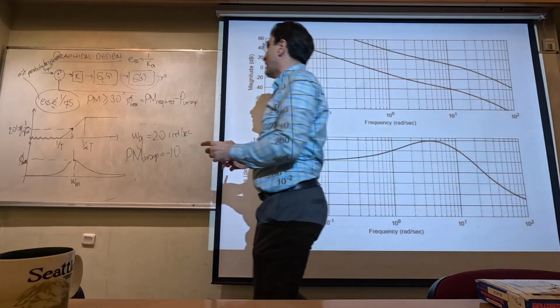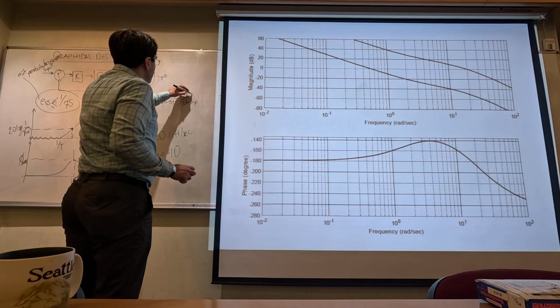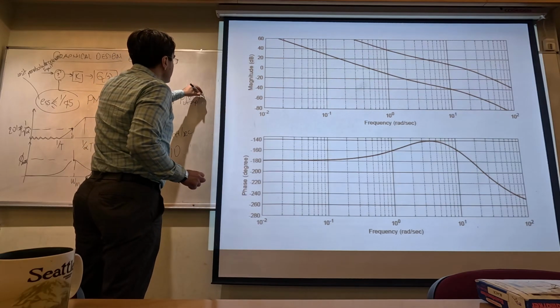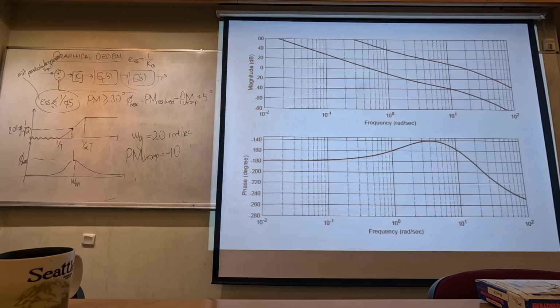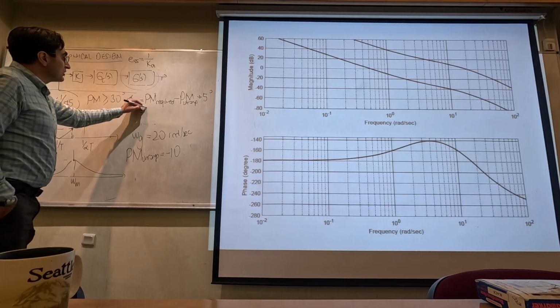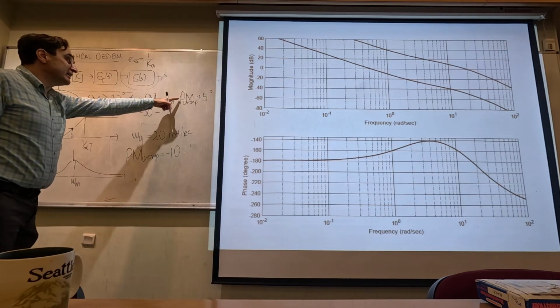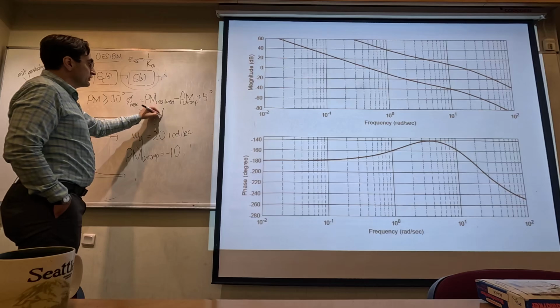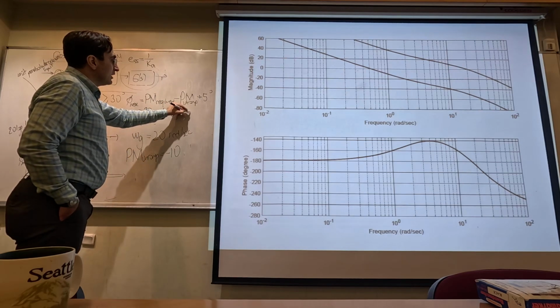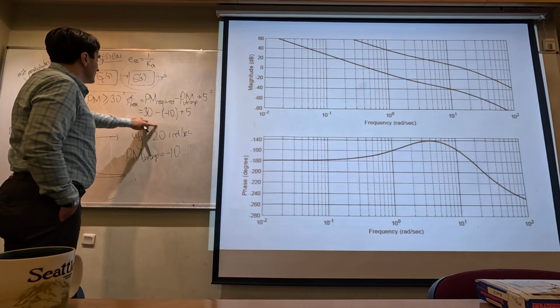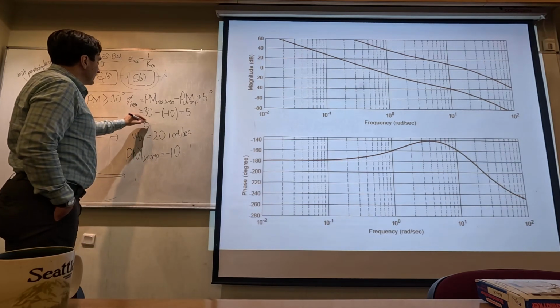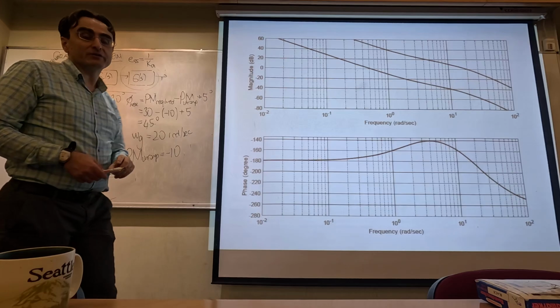In order to be able to avoid that phase decrease, I'm adding a 5 degree error margin into my calculation. Required phase margin is 30 degrees, minus uncompensated phase margin is minus 10 degrees. And I add here 5 degrees of error margin, then this is going to give me the number phi max to be 45 degrees. Okay?